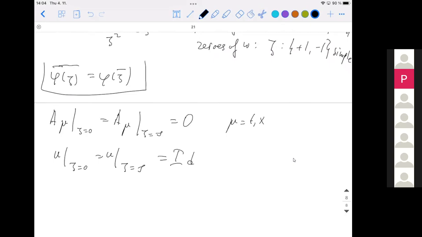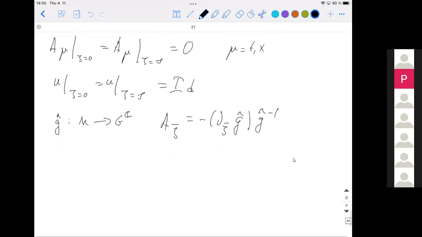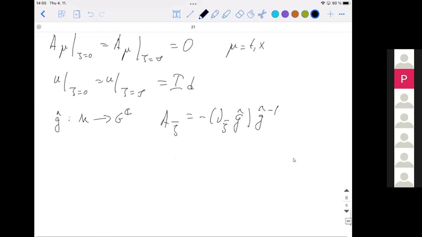Okay, so this G bar two-dimensional field parametrizes this dz bar G hat G hat inverse.